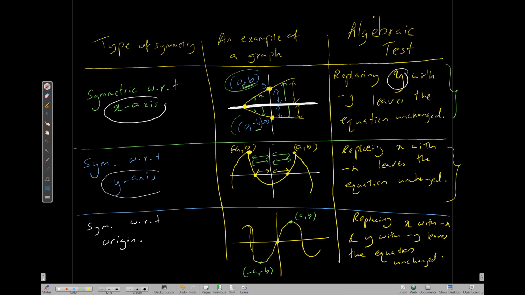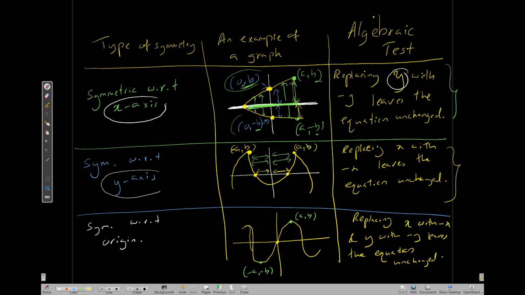Here, say negative a and a, b was fixed. Or even here, if I take this point a comma b, this point is going to be exactly a comma negative b, right? Because this length is the same for both of those points, and the height is the same, but as positives and negatives it's changing over here, and here the other way around.